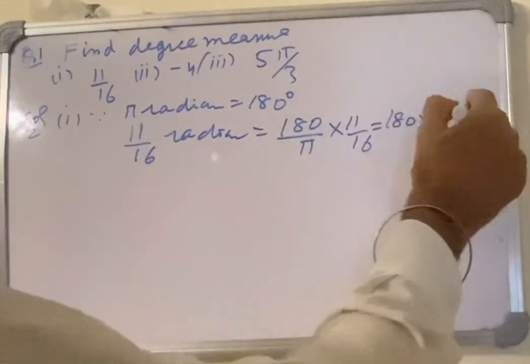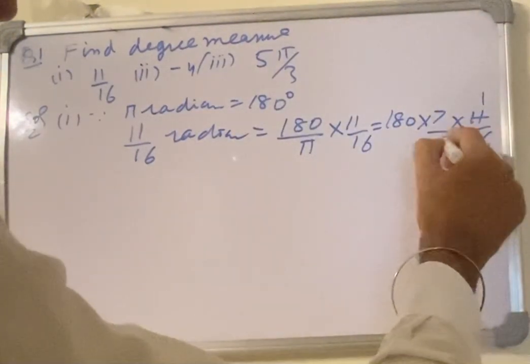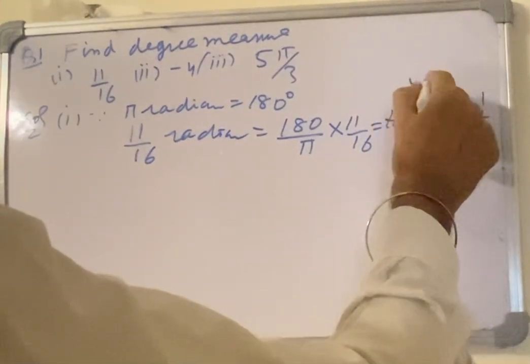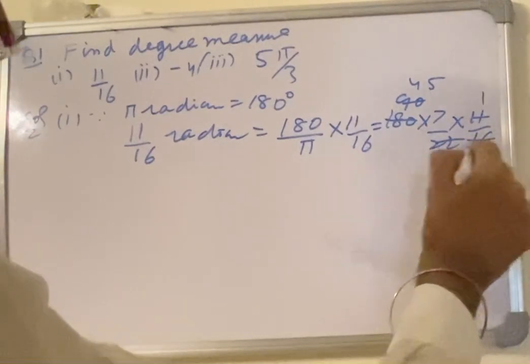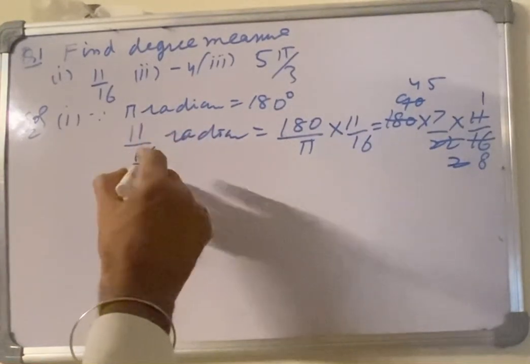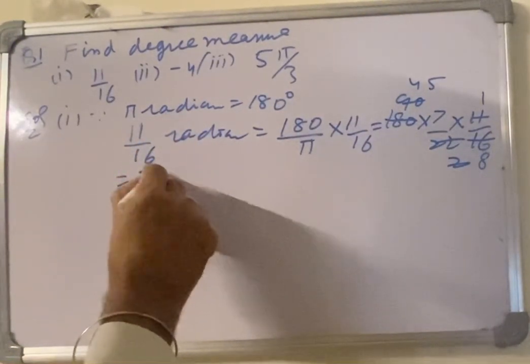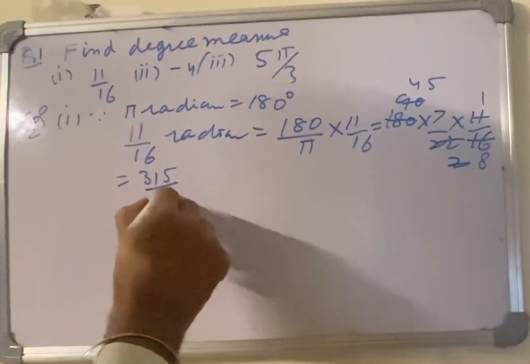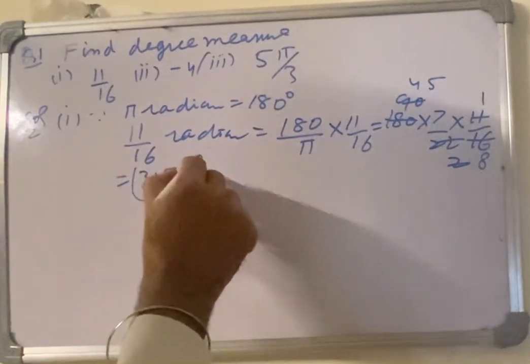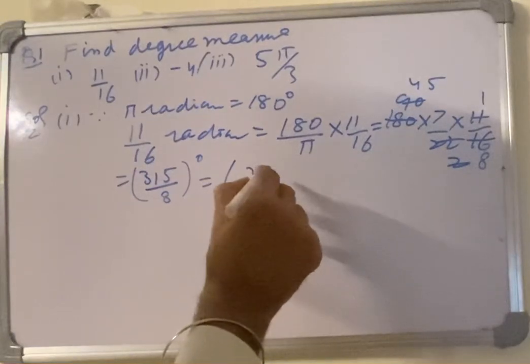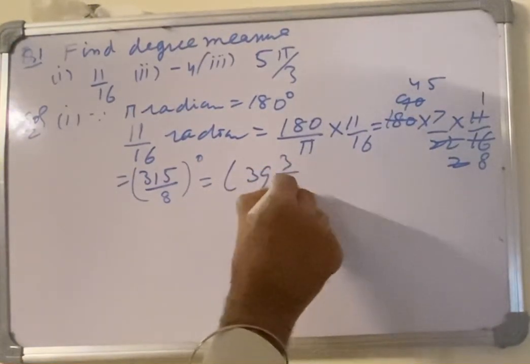So simplify this. We are left with 315 over 8 degree, which can be converted into mixed fraction 39 3 by 8 degree.